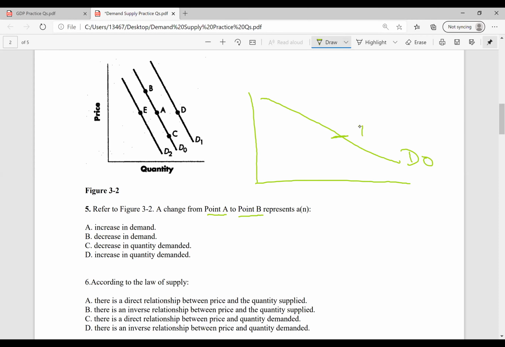Say point A is my initial point, and we are gonna go to point B, move to point B here. All right, say at point A, my quantity is 10, price is 10.